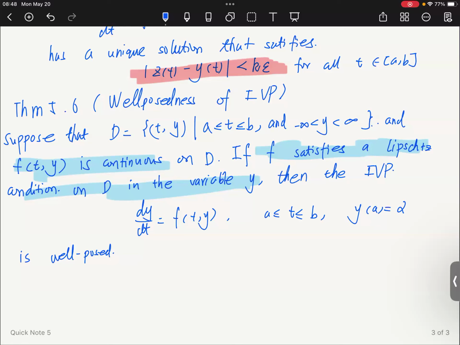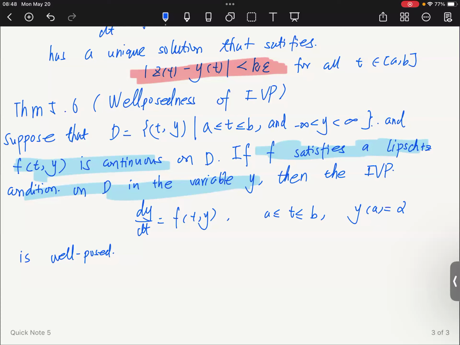In case you want to ask questions about the domain, in this class we investigate a domain that looks like this. Of course, you can have other settings for the domain. If you have another domain, I believe the domain should be convex for the initial value problem. But here we are not investigating complicated domains.